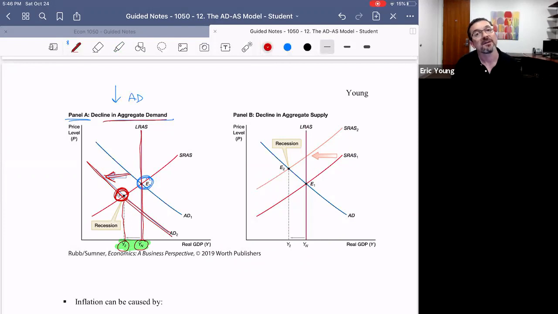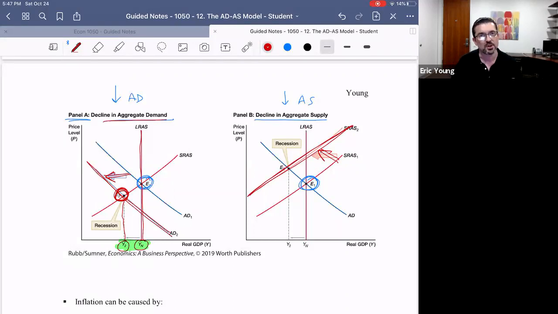The second way you can have a recession is with a decline in AS. So this is a decline in AS. Same basic idea. Here we're starting again at this point. Long run equilibrium, because LRAS, SRAS, and AD are all equal. And then something happens, we don't know what, but something happens that somehow decreases SRAS, causing it to shift to the left, which I'll do in red.